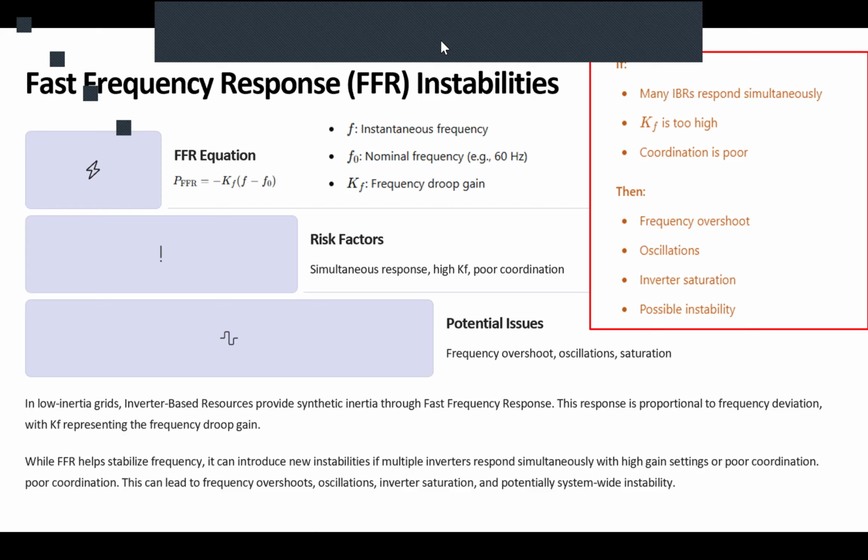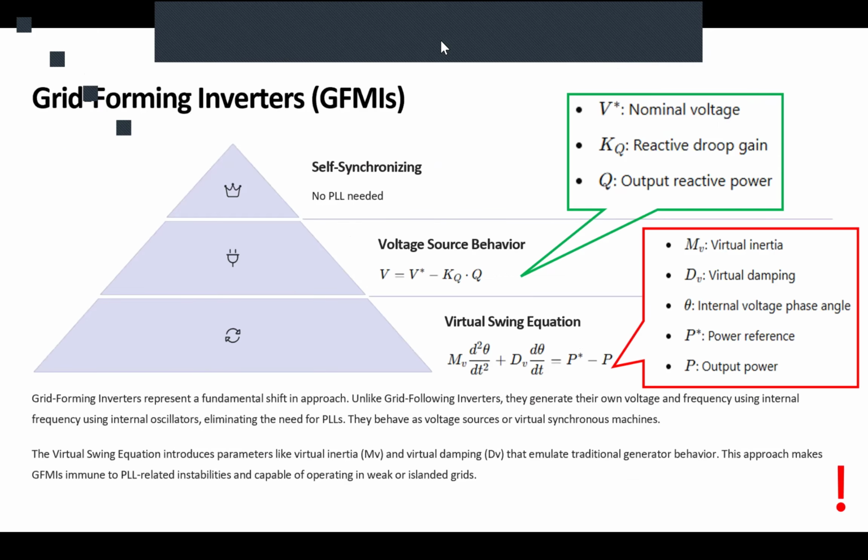So far we are talking about the effect that the inverter, or more specifically a grid following inverter, could have on our transient analysis. But how about the grid forming?